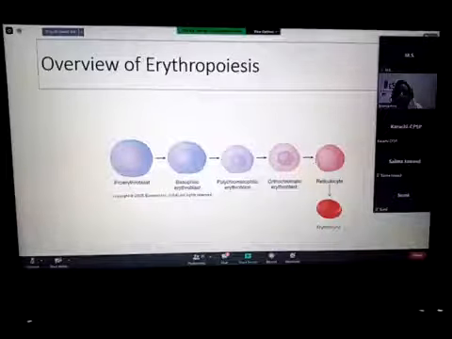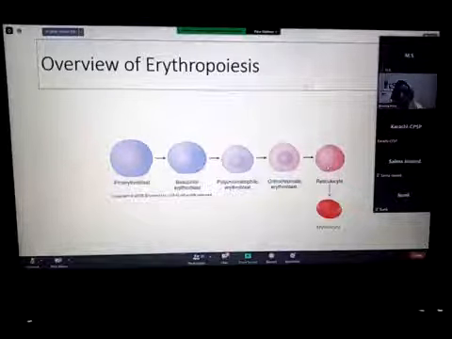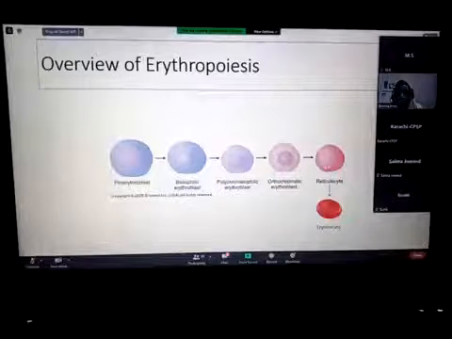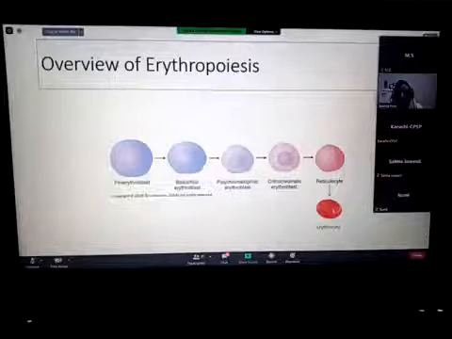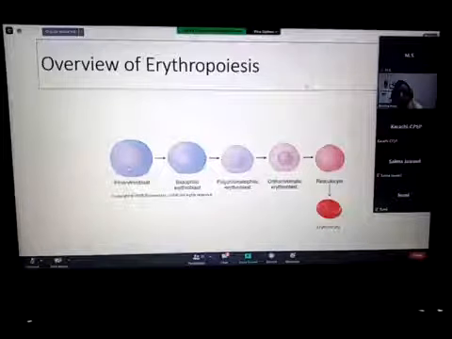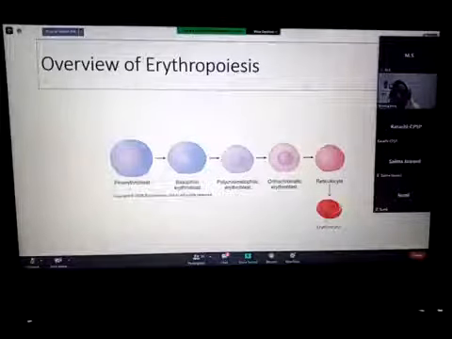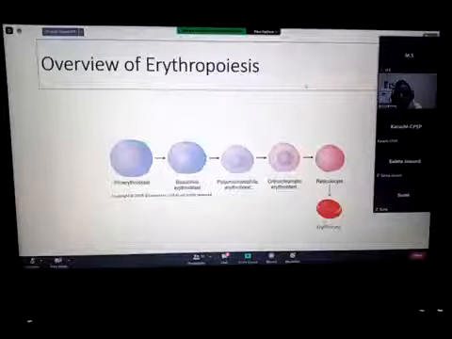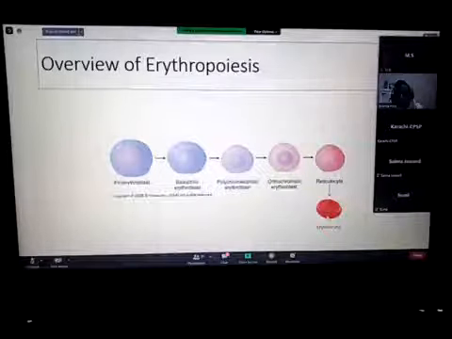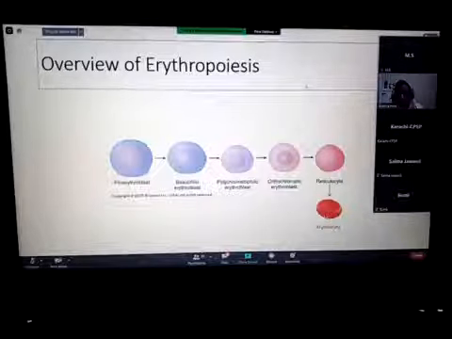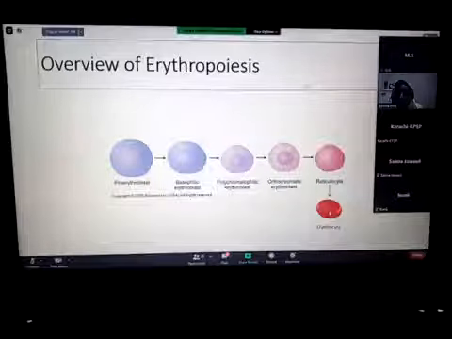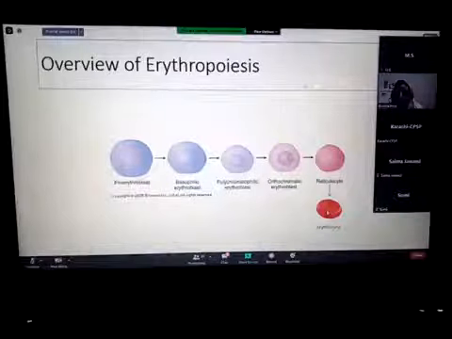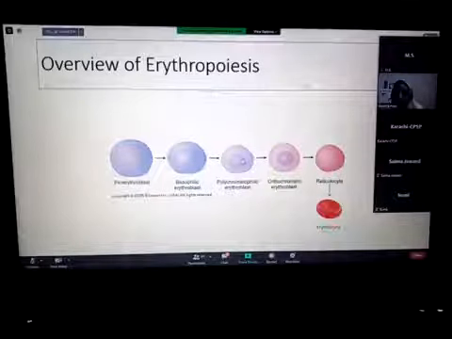Then we have a reticulocyte, which has some remnants of the RNA, but is a little larger cell than the normal erythrocyte. The normal red cell so formed has no mitochondria, no lysosomes, no endoplasmic reticulum, no Golgi bodies. It's just a membrane which contains hemoglobin and some enzymes which have been formed at this stage.